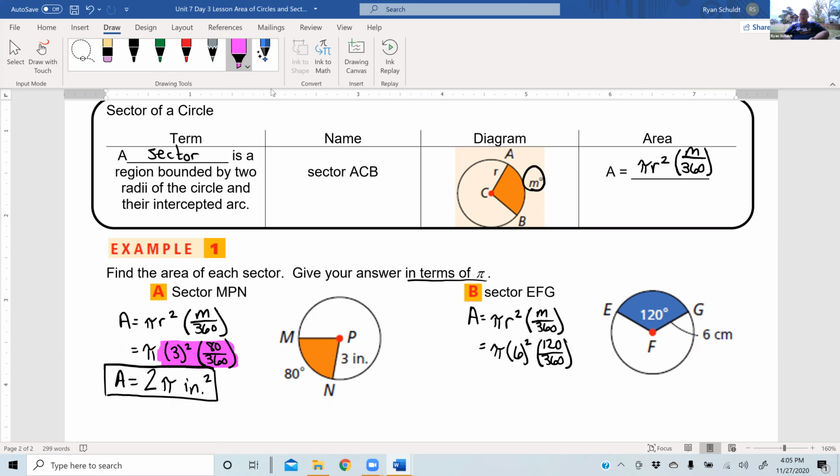Again, we want it in terms of pi. So if you put anything in the calculator, it only needs to be this part. So area is going to equal 12 pi centimeters squared.